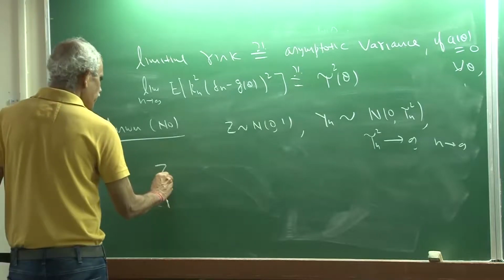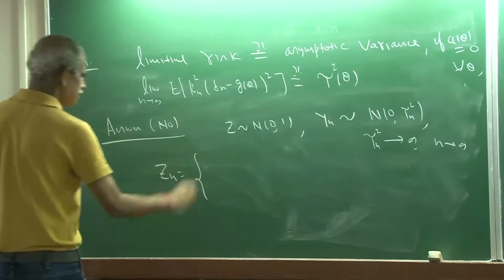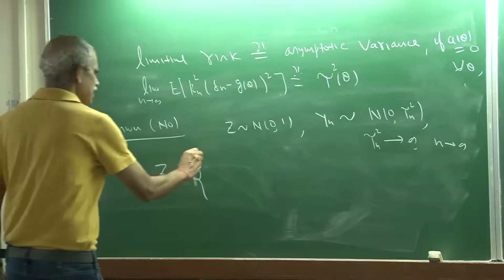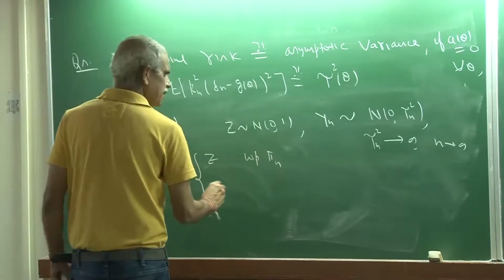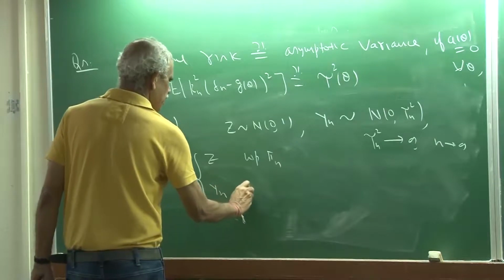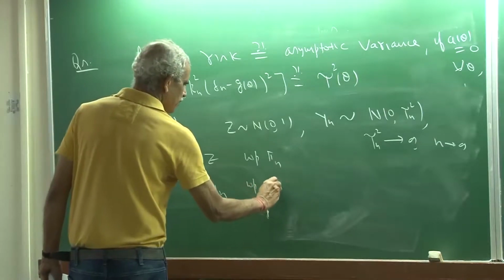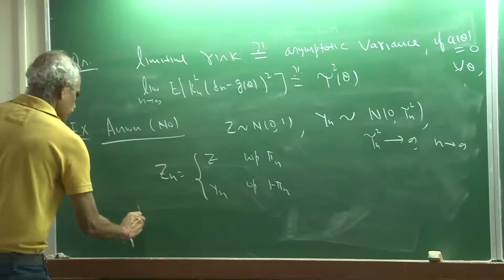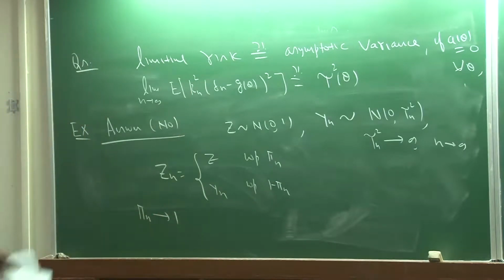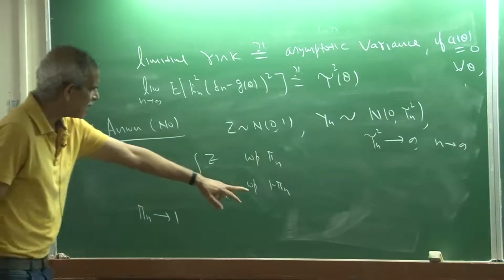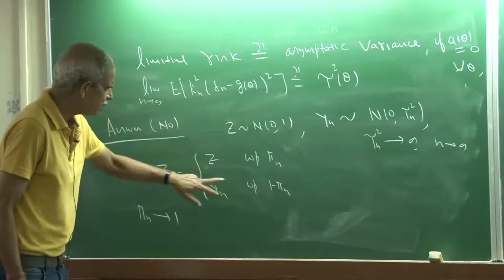I define a new random variable Z_n. Z_n is Z with probability pi_n, and it is Y_n with probability 1 minus pi_n. And I choose pi_n such that pi_n goes to 1. So the idea is, as pi_n goes to 1, this probability becomes 0.